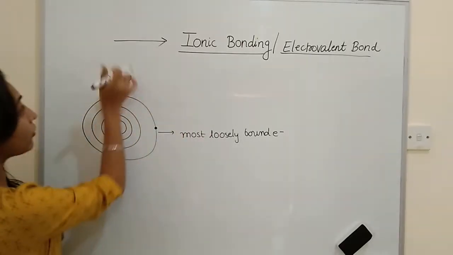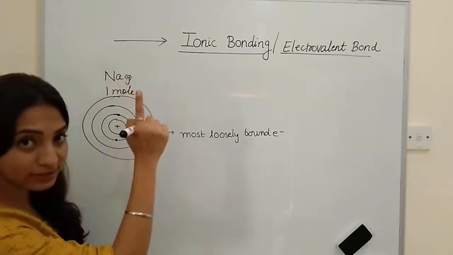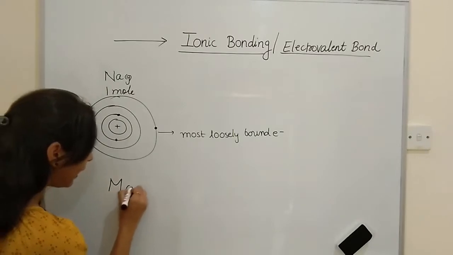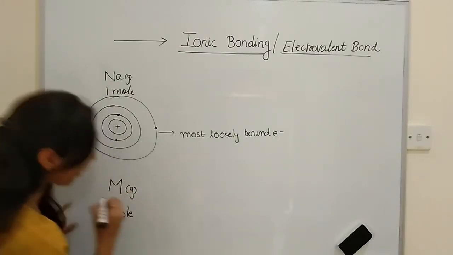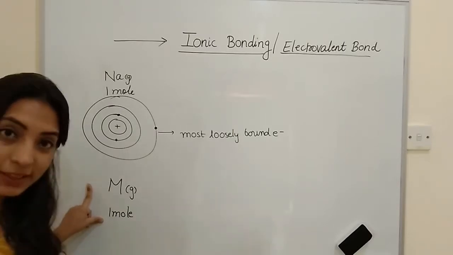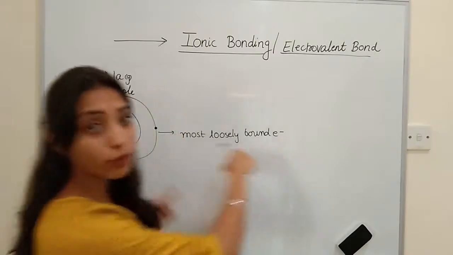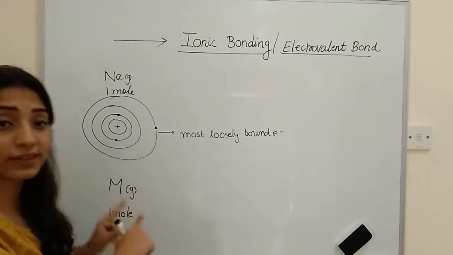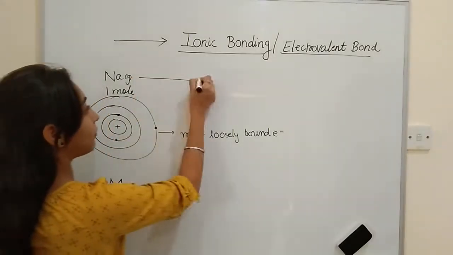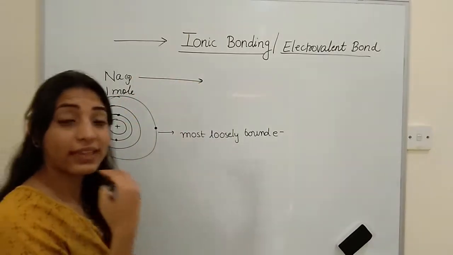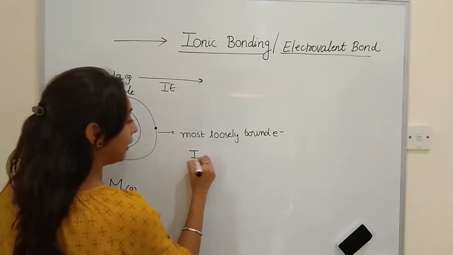So if you have taken 1 mole of sodium in the gaseous state, or let us say any metal in the gaseous state, but you have to take 1 mole of that particular element, okay? Now to remove the most loosely bound electron from the element in the gaseous state, you have to provide some energy. So let us say we provided some energy, and this energy which we provide is known as IE.